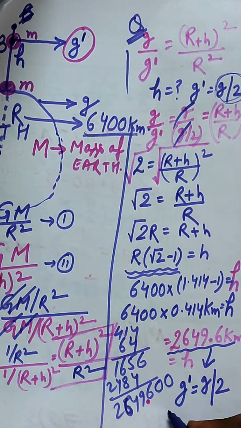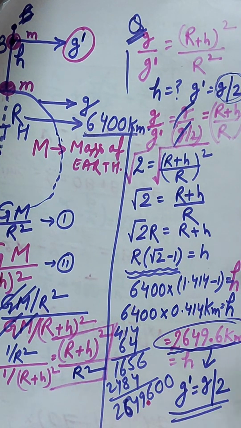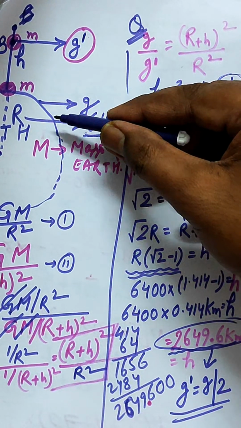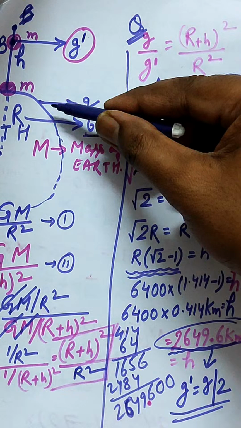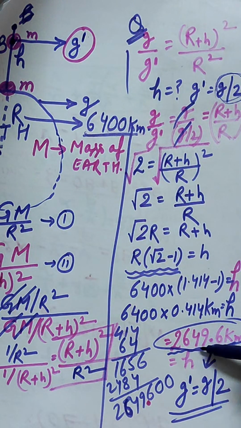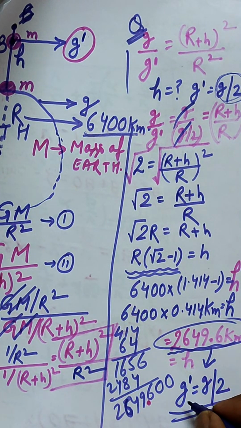This is your answer. This is the height, right? So this height is calculated as 2649.6 kilometer. That means from the surface of Earth, when you raise any body up to a height of 2649.6 kilometer, then the acceleration due to gravity will be g by 2, right?